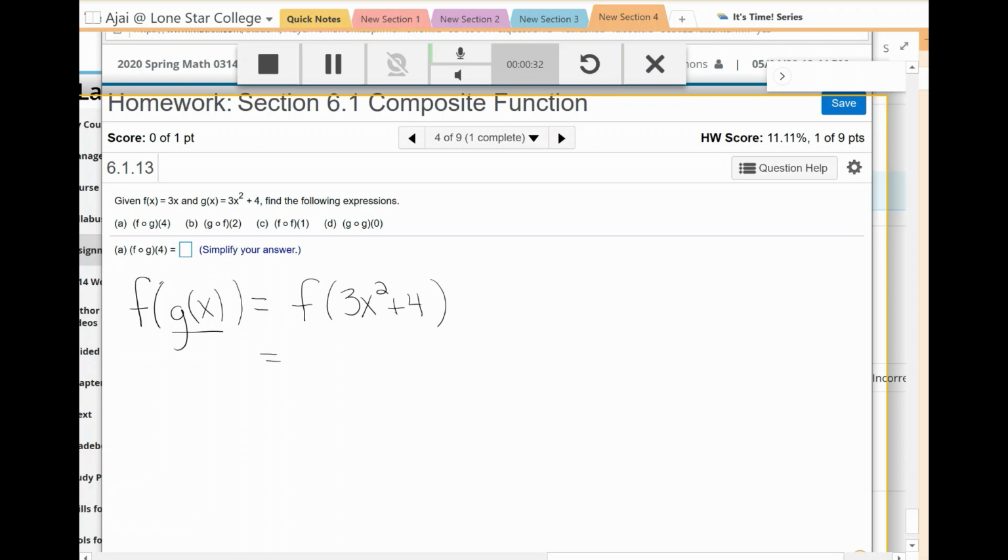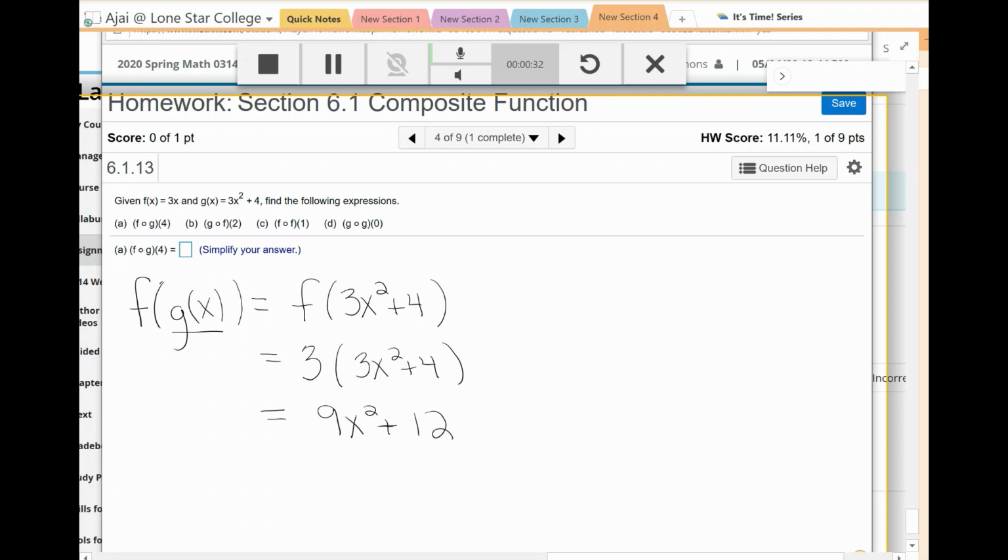Then it's telling you to go to the f function and put all of this in place of the x. So 3 times 3x squared plus 4. And then I distribute the 3. That's going to give me 9x squared plus 12.